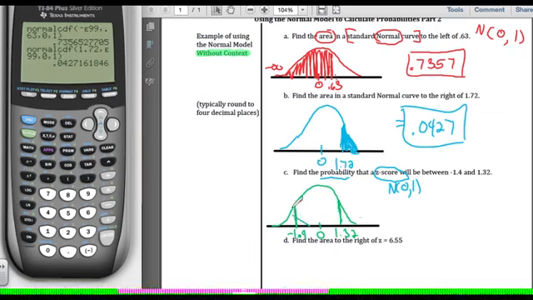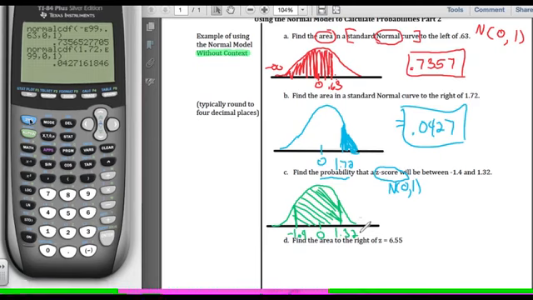And I want the area between. So what is this area? And note, I don't go all the way down to negative infinity, so I don't have a negative E99. I don't go all the way up to positive infinity, so I don't have a positive E99. My lower bound is negative 1.4, and my upper bound is a positive 1.32.